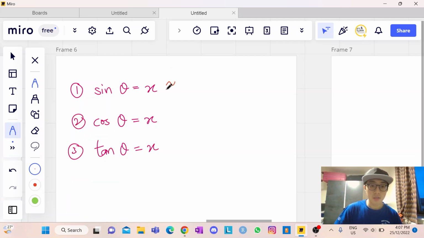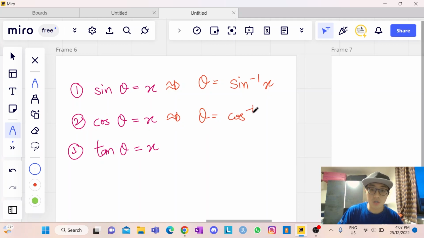They are all equivalent to theta equals inverse sine x, inverse cosine x, and inverse tangent x respectively. This inverse is not power -1, and it is not the inverse function that you have seen before. It is some kind of inverse to look for theta, but it does not have the same meaning as the inverse function.